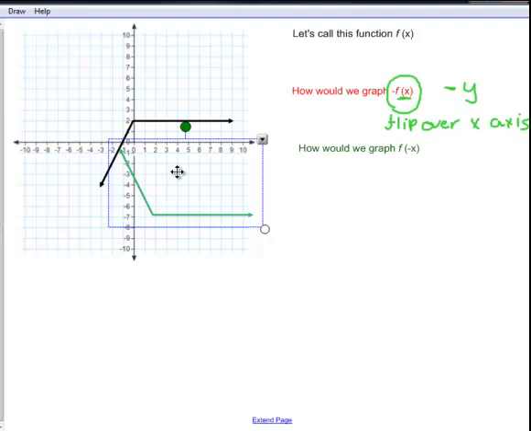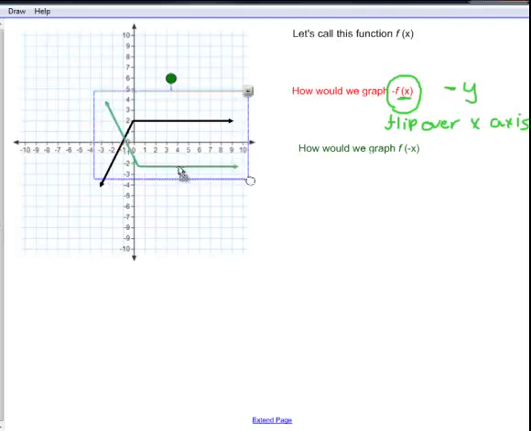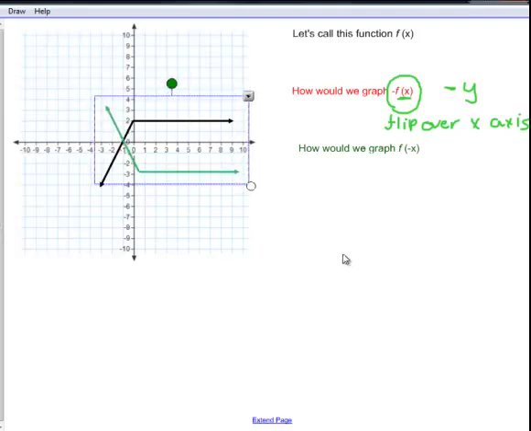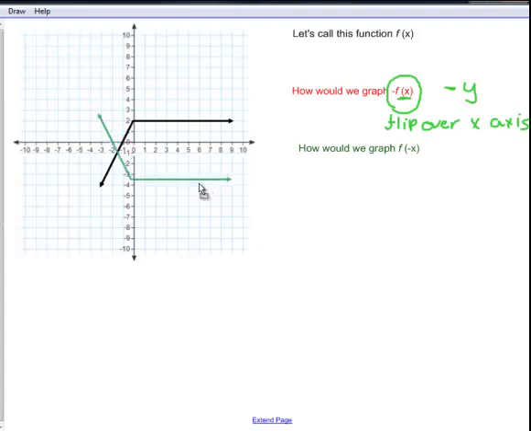So I get this image, just like that, flipped over the x-axis. And if you're wondering where I'm going to put it, all I have to do is say, okay, if this is a point and I flip it over the x-axis, it goes here. If this is a point and I flip it over the x-axis, it goes here. And the points that are on the x-axis, well, they don't flip because they're on the x-axis.